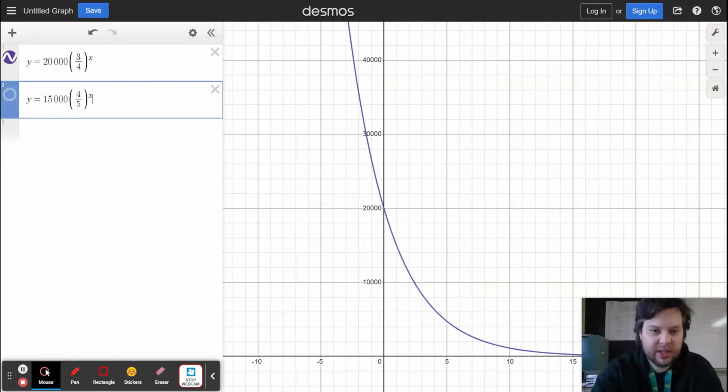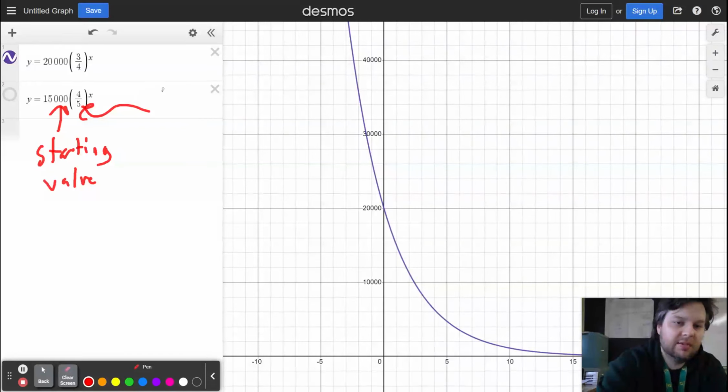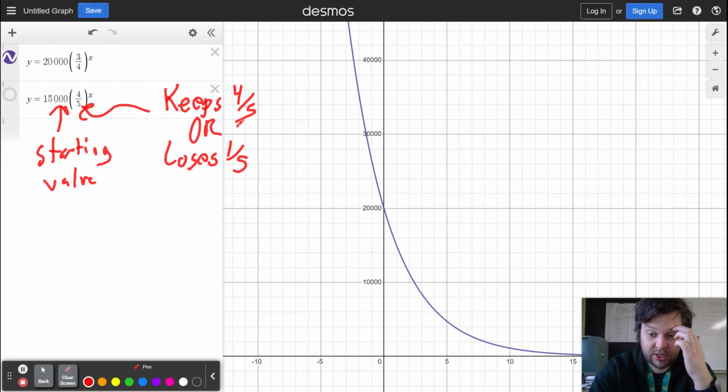Well, the 15,000 tells me the starting value of the car. So this right here is its starting value. And the 4/5 means that it keeps 4/5 of the value, or equivalently, that it loses 1/5 of the value each year.